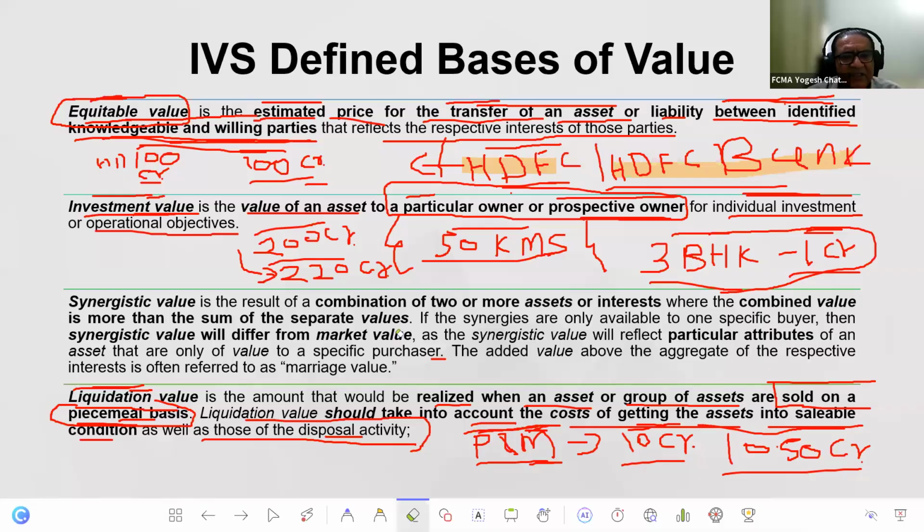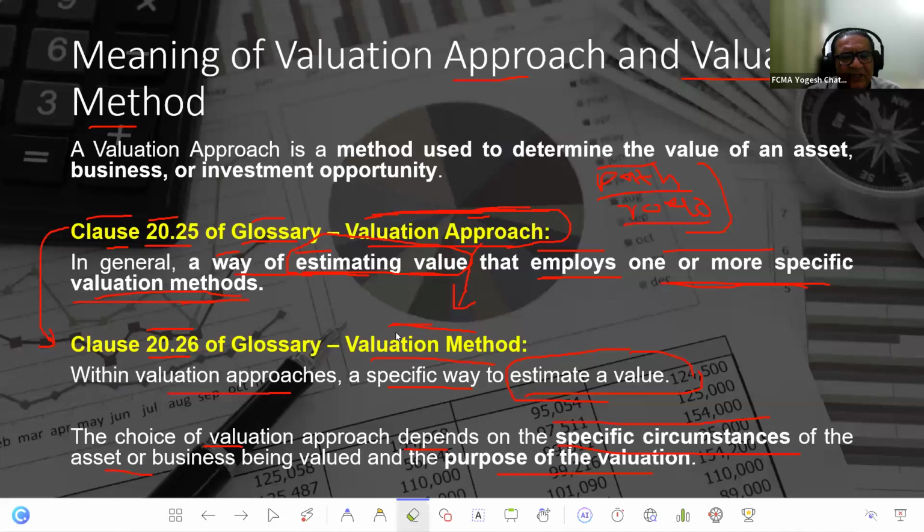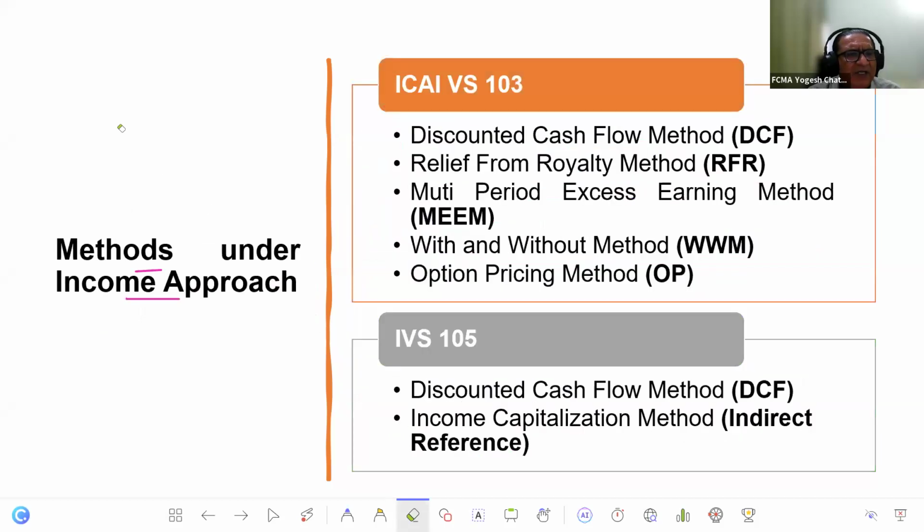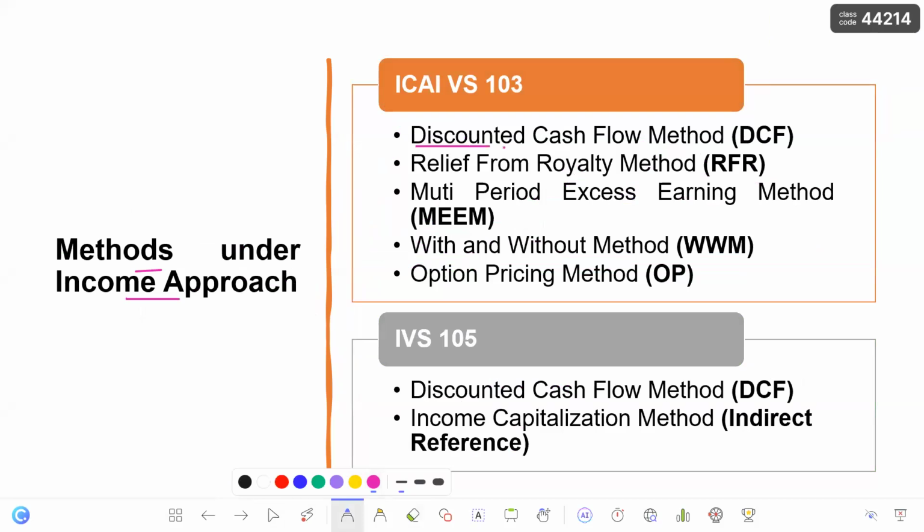Okay, so we will start from where we left. This synergistic value we have already covered. Market approach evaluation we have already covered, and now the methods under the income approach. We have the discounted cash flow method. May I request all participants to please mute whenever you are not talking.